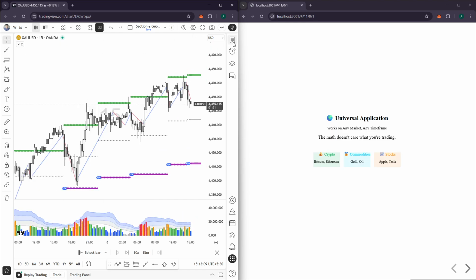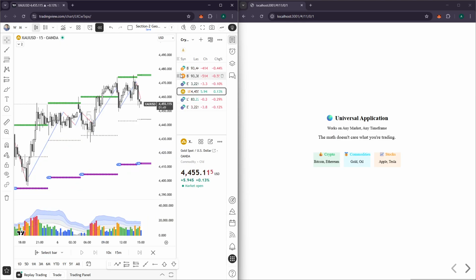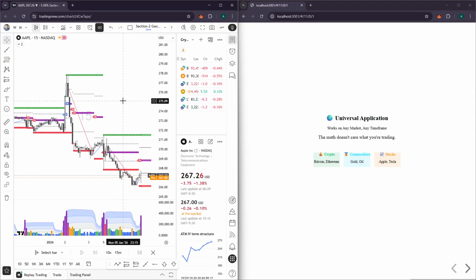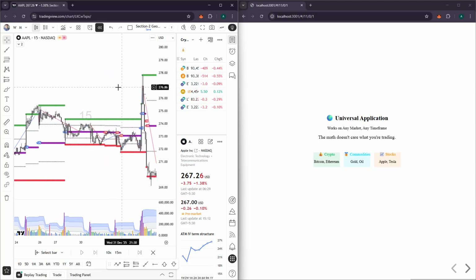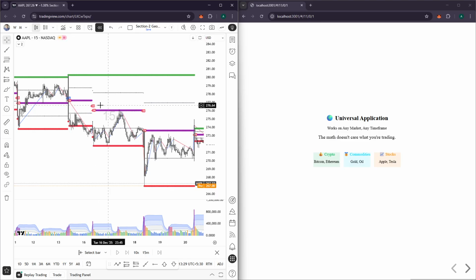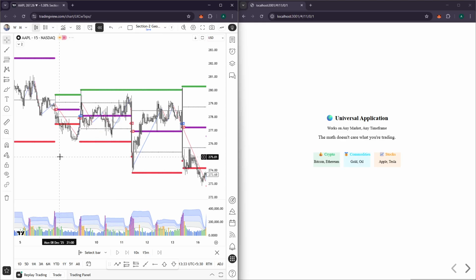So now you can also apply it in stocks as well. Like I'll just put Apple, and we can see, yeah, I can apply it in Apple as well. You see, when it comes to the midpoint, it tries to go down.